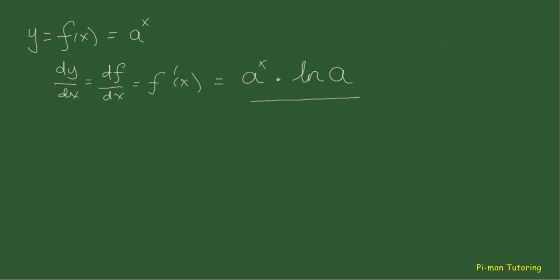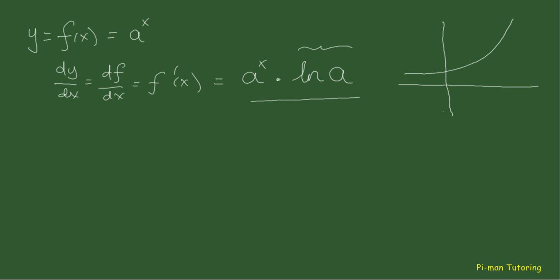So what we're saying is that when we do the derivative, or we differentiate the function a to the x, we end up with a new function that has the log of the base as the scale factor.